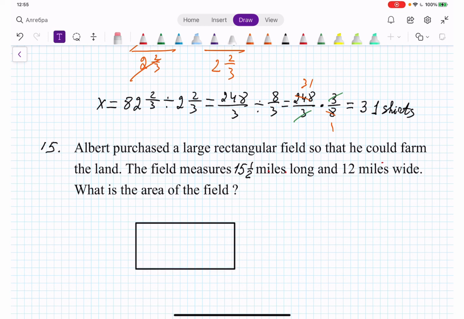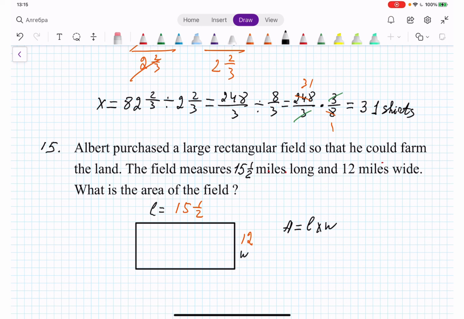Okay. 15 1/2 miles long and 12 miles wide. What is the area? Area for a rectangle is equal length times width. This is our length, this is our width.